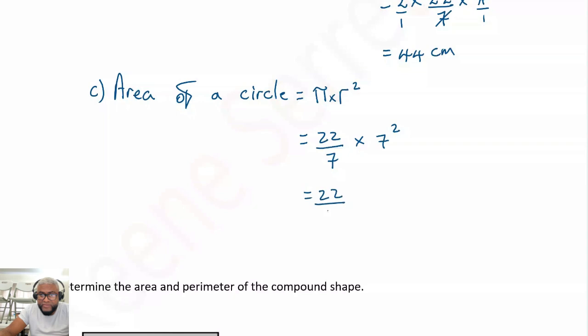So this will be 22/7 multiplied by 49 over 1. 7 into 49 is 7. 22 multiplied by 7 is what? 154? Yes, sir. That's correct. 154 centimeters squared, right?